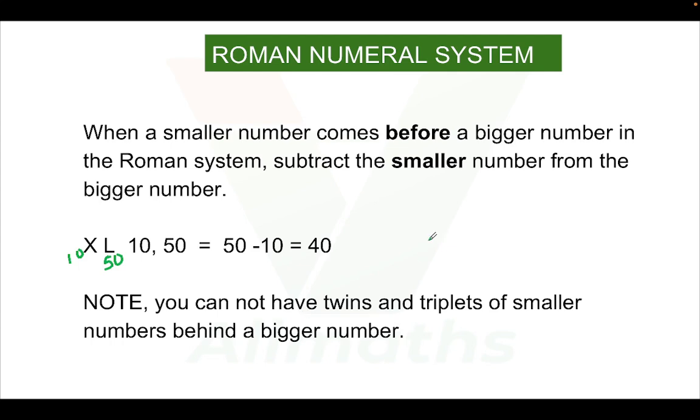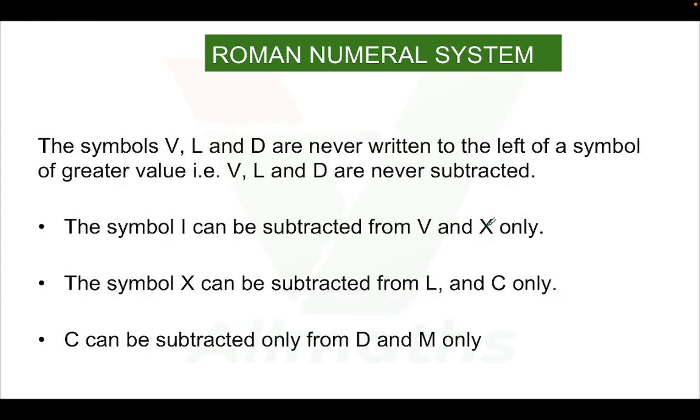But that twin and triplets cannot come behind a bigger number, meaning that you cannot have X X behind L. You cannot have the twin of 10 and say it is 50 minus 10 minus 10. It's not taken. You can only have one. That's a very important rule to first take note of in subtraction of Roman numeral.